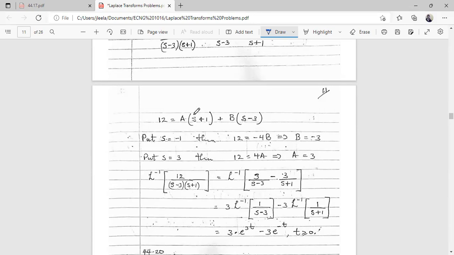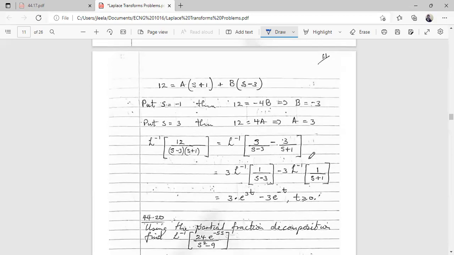So if you put s equal to minus 1, this constant here will drop out. You'll get minus 4B is 12, so B is minus 3. And likewise, if you put s equal to 3, this part here will drop out with the B. So you'll get 3 plus 1 is 4, 4A is 12, which means A is 3, right?